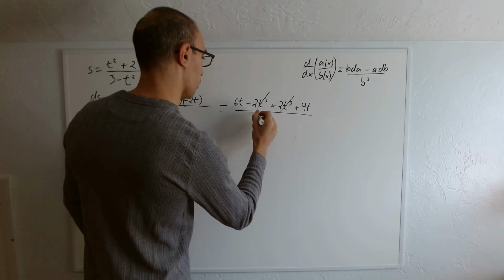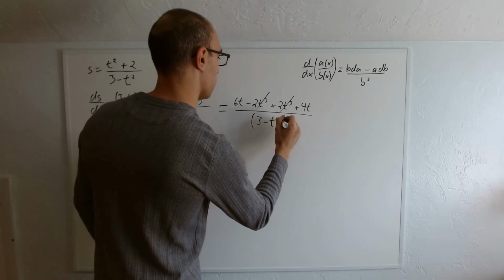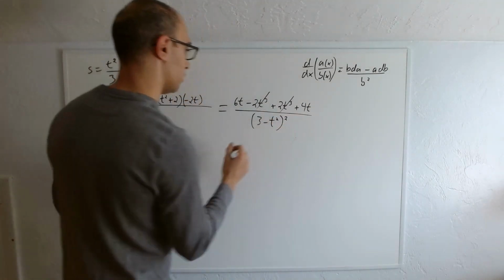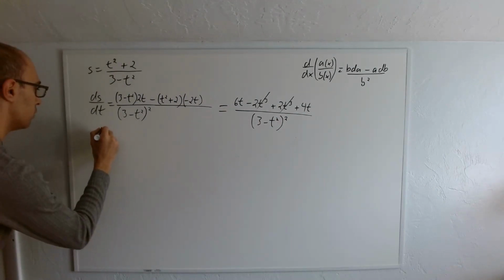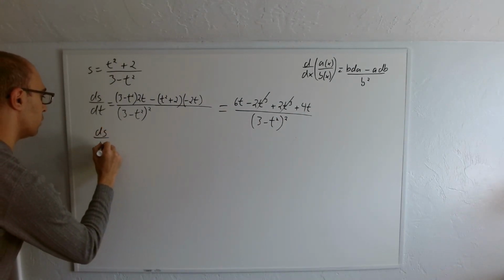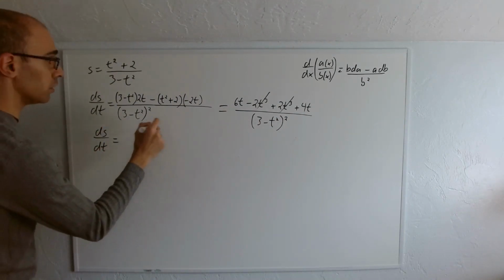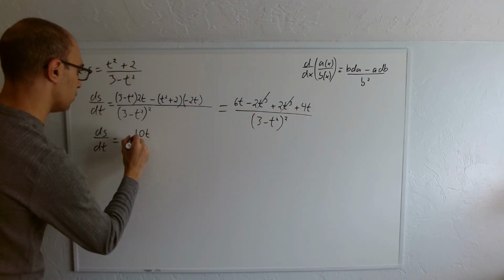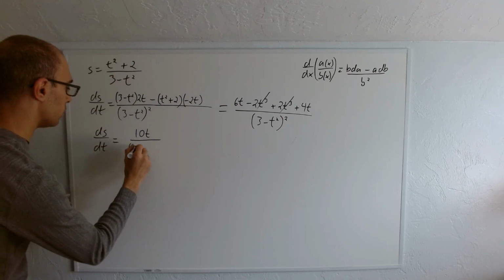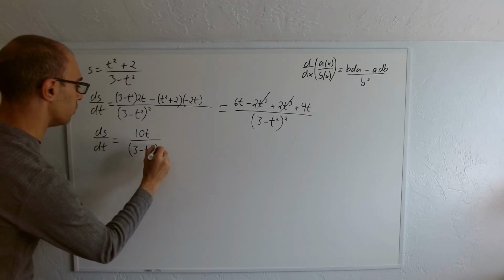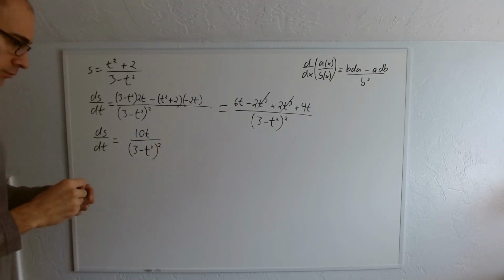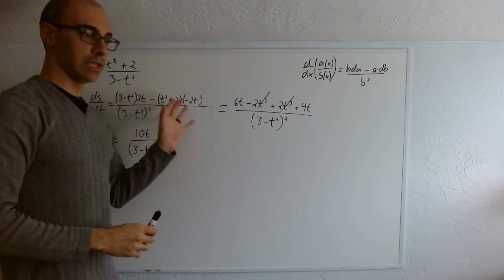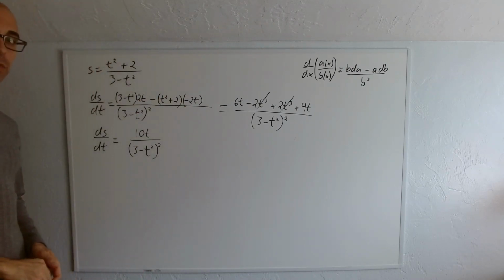And it's all over 3 minus t squared, squared. So we get our final answer, ds/dt is 10t over 3 minus t squared, squared. All right, let me clean this off, and we will move on to the next problem.